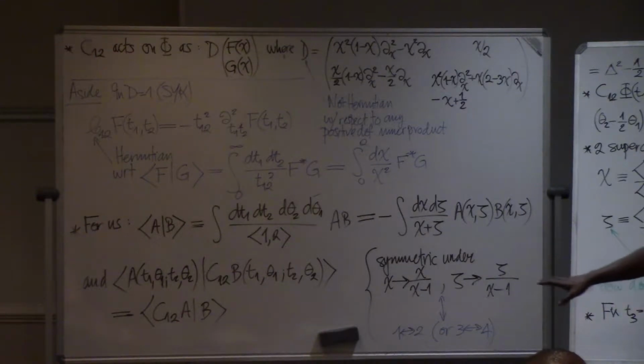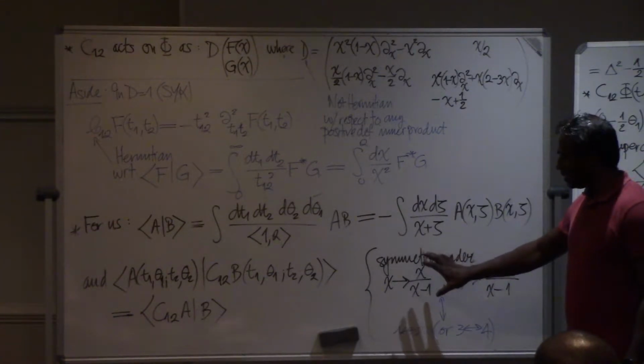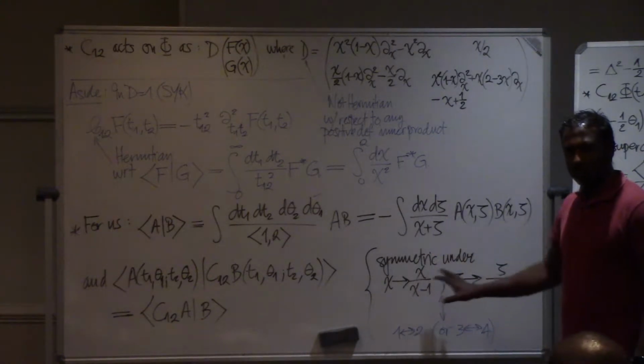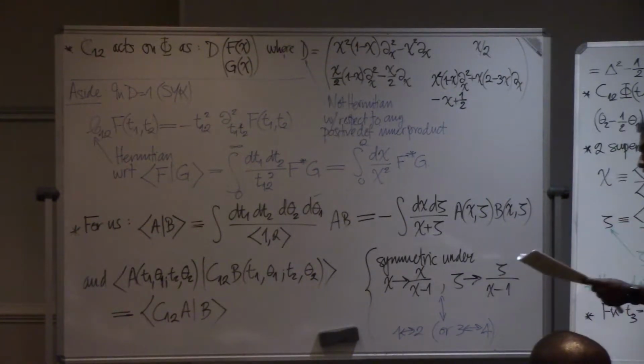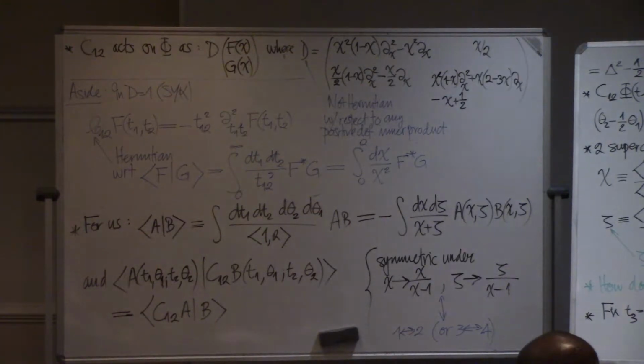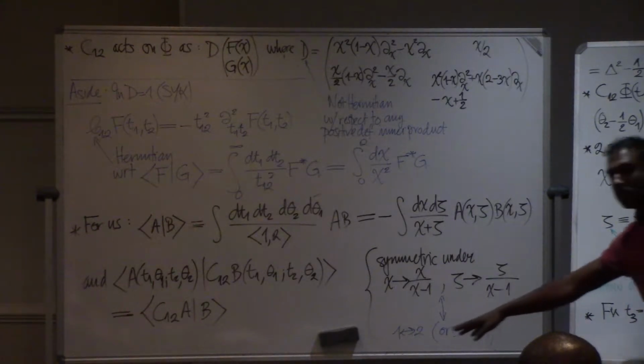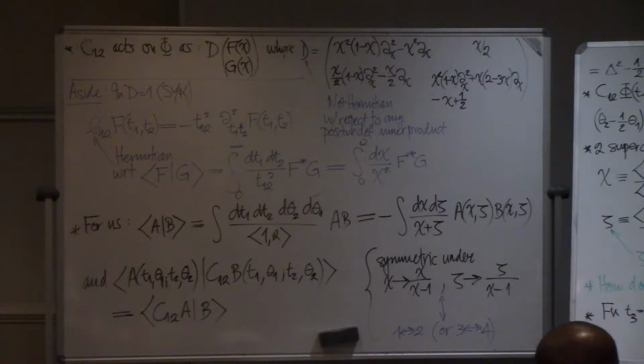Okay, so let me make some comments quickly. Firstly, this has to be symmetric under this change in chi and zeta. And if I look at a function like this, for example, then this function is invariant under this particle exchange if g goes like chi minus 1 times g under this.